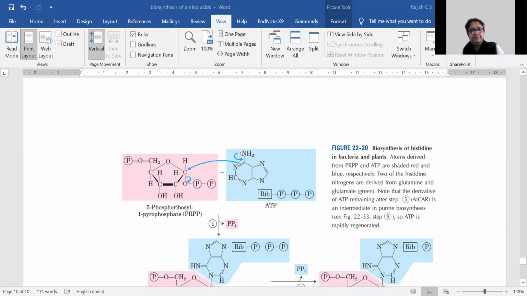So I'll again share the screen with you. I don't know if you remember this compound. This was already there in one of the previous biosynthetic pathways for the tryptophan biosynthesis, the phosphoribosyl 1 pyrophosphate.